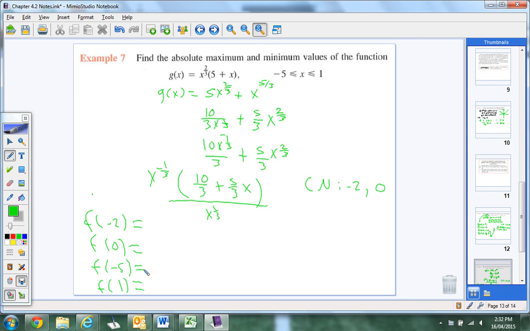So then 0 should just be 0. It's probably going to be a decimal most likely.